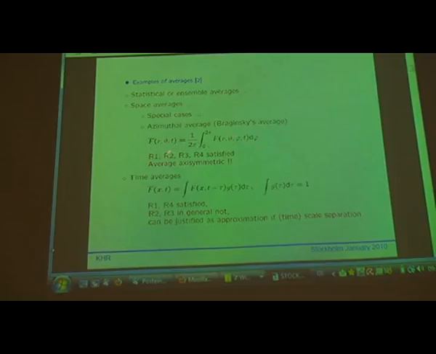Think of spherical or cylindrical coordinates and average over all values of phi, as said here. Then you have this azimuthal average, and since the average itself no longer depends on the coordinate phi, all the rules are satisfied exactly.